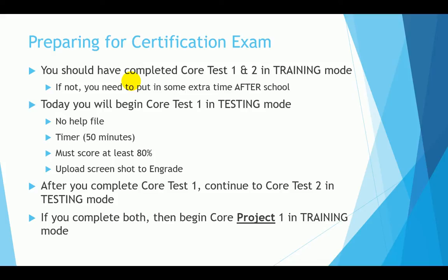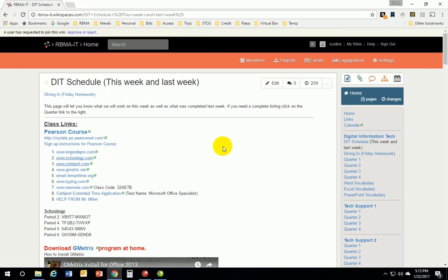Well, that's about it. You'll need to get started in Gmetrics, either in Core Test 1 and 2, in testing mode or training mode if you haven't finished those training items, and make sure that you turn those items in to N grade.